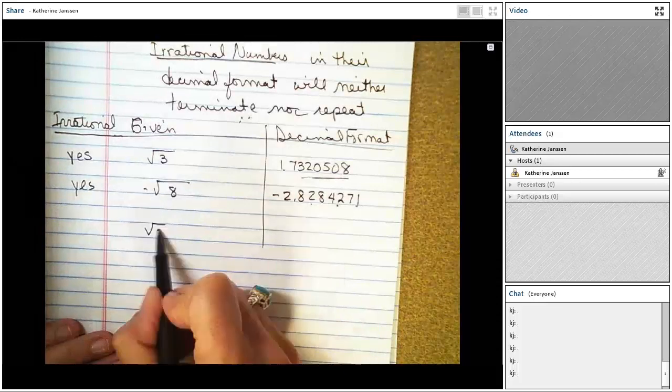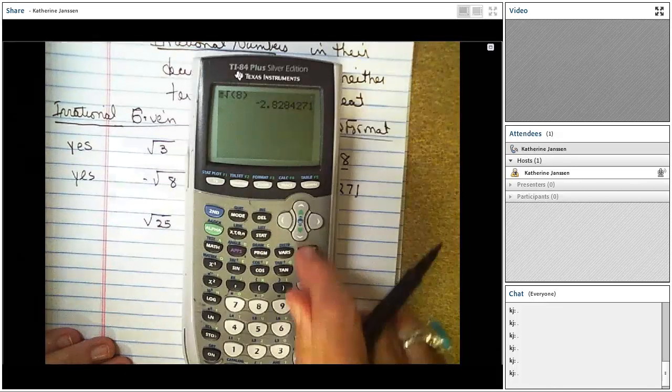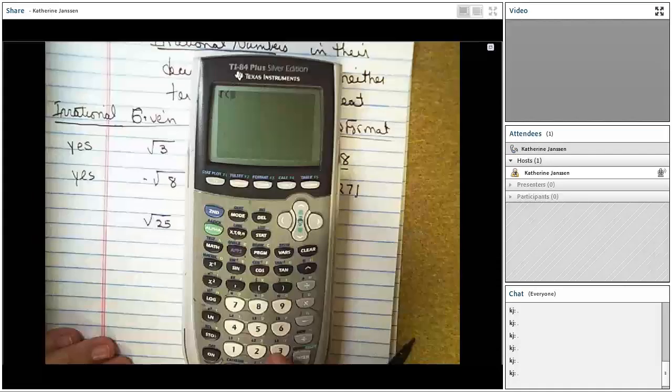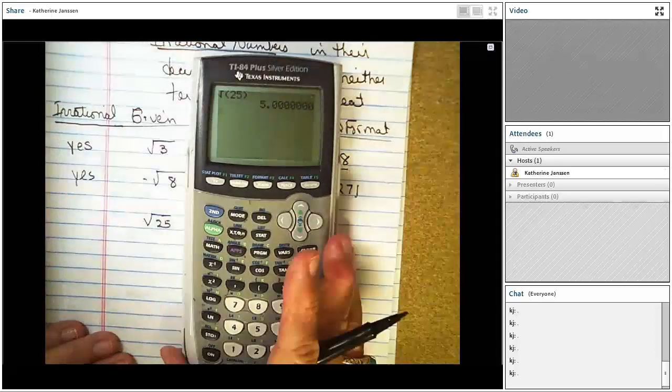How about the square root of 25? The square root of 25, close with your parenthesis, is equal to 5.000.